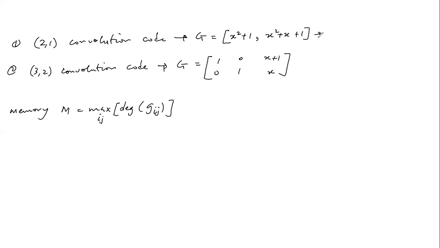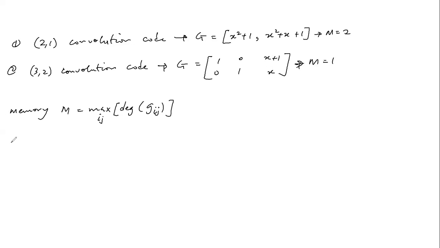In this case, for the 2x1 convolution code, you observe that the maximum degree of the polynomial x squared plus 1 is 2, and that of x squared plus x plus 1, the maximum degree here is 2, so the memory is 2. And for the 3x2 convolution code, since the power of x is 1, the memory here is equal to 1.